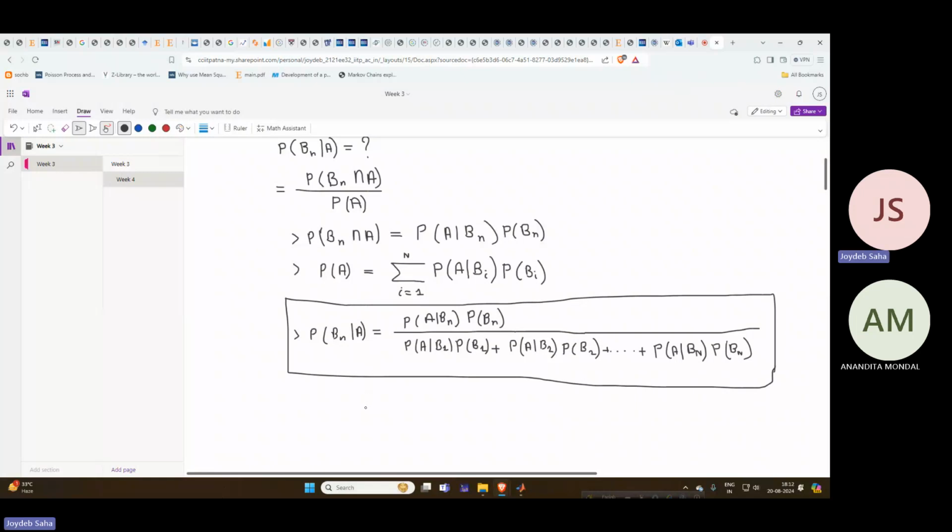There is another event A. The events B1 to Bn are mutually exclusive, but not mutually exclusive with A. Now if we know probability of B1, probability of B2, up to probability of Bn, and we know the conditional probabilities probability of A upon B1, probability of A upon B2, and probability of A upon Bn, then we can easily calculate probability of B small n upon A for any small n from 1 to n.